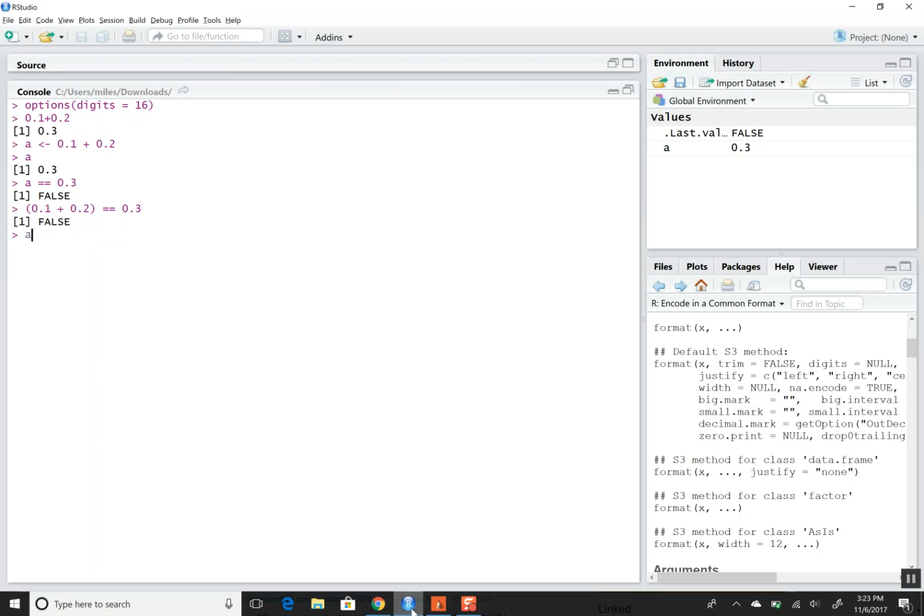So we can dig in, and we'll do options digits equals 22, and this might reveal a little bit of what's going on. If I say 0.1, we see that it's not actually 0.1.